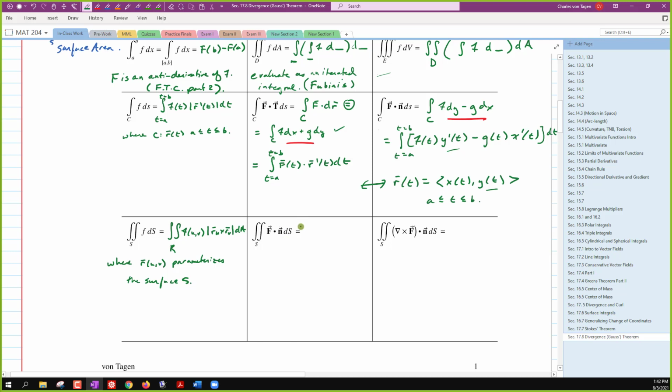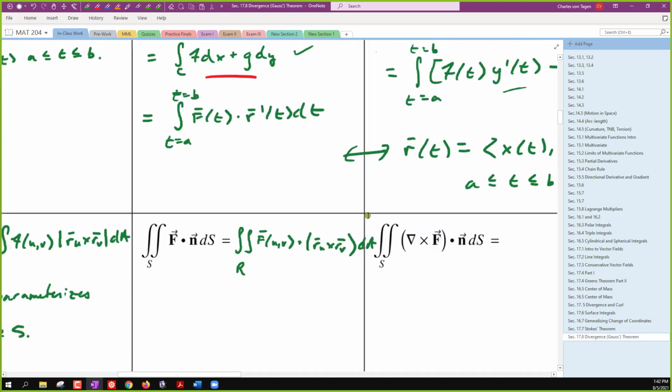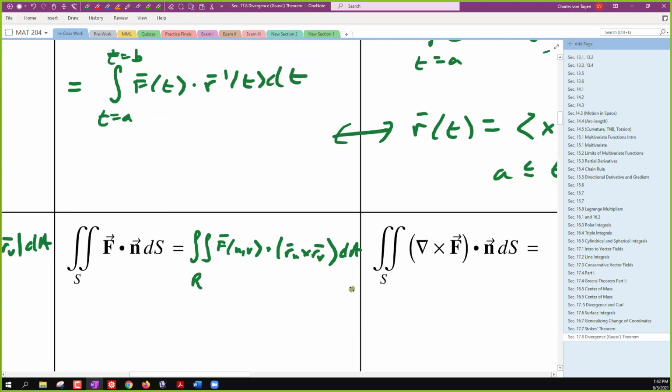So when we go to compute this, it is the double integral over R of f of uv dotted with the vector r sub u crossed r sub v, again, where r of uv is a parameterization. Is everyone clear why this is considered a surface integral and this is considered a double integral?